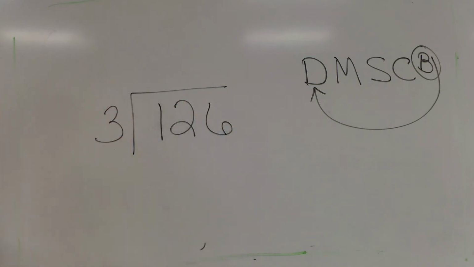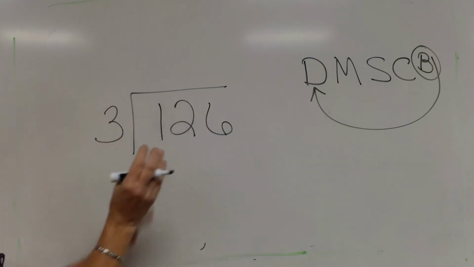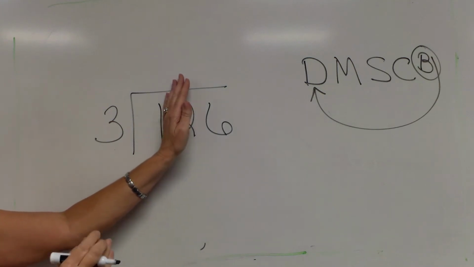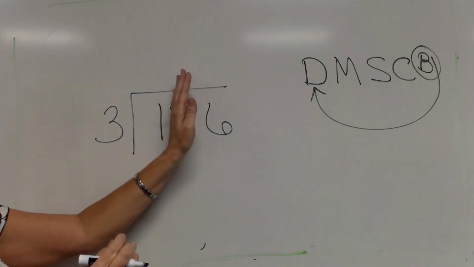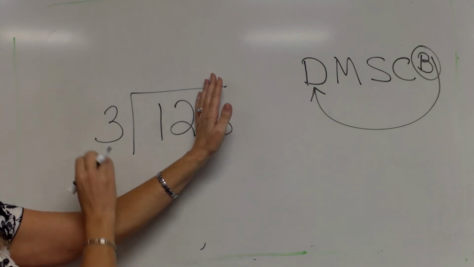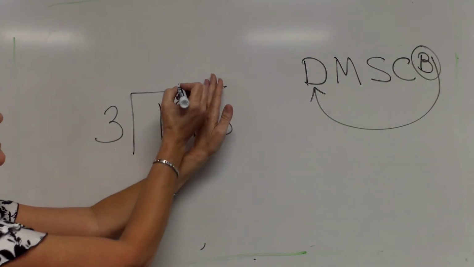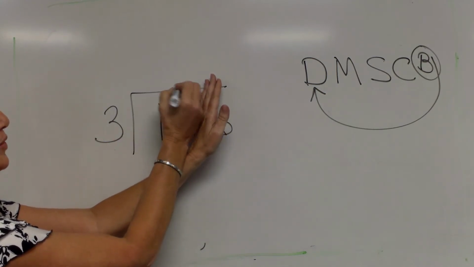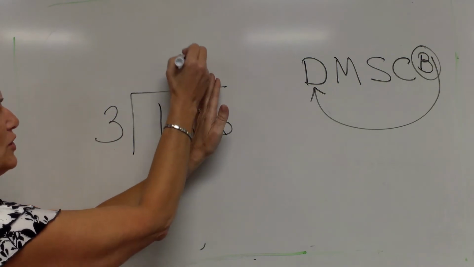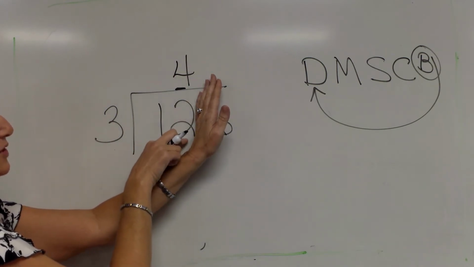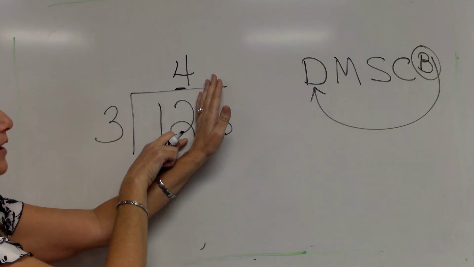Okay, let's try another one. 126 divided by 3. Cannot say 1 divided by 3, so I'm going to scoot on over. 12 divided by 3 is 4. Now make sure that I put my 4 up above the 2 because I'm using the 1 and the 2. I'm looking at 12.